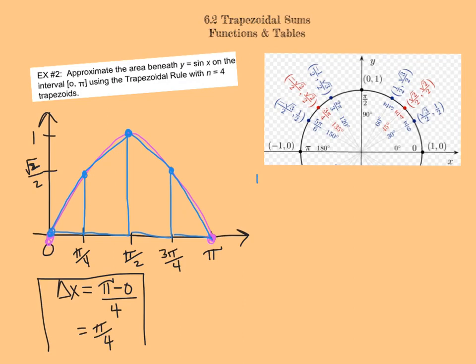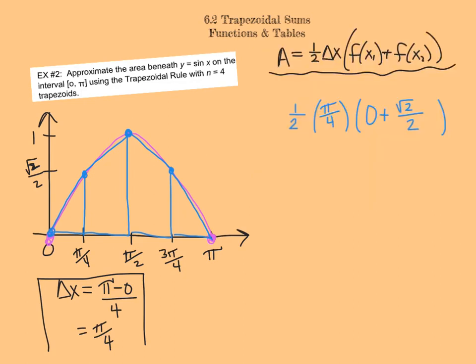We'll have 1/2 times delta x, which is pi over 4. And then times our heights. Our heights are 0 and root 2 over 2. Okay, I did a little rearranging there with pausing it because we're going to need a little more room.